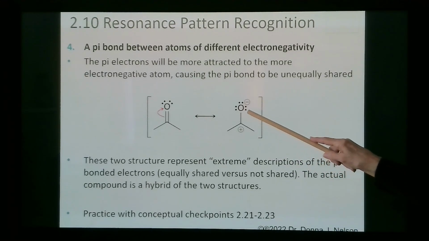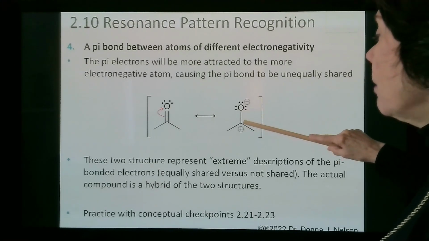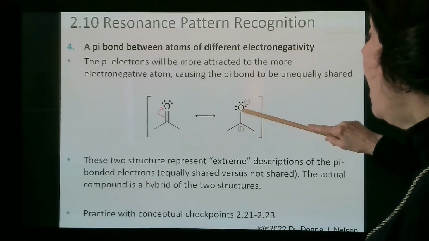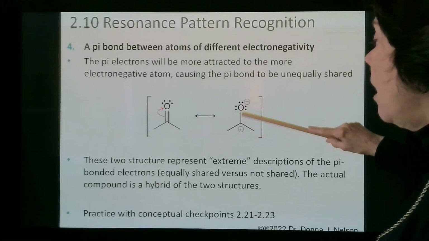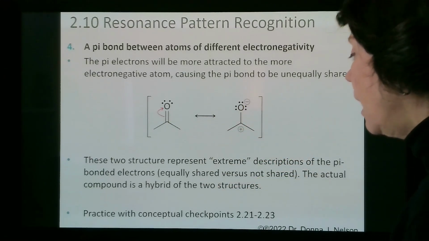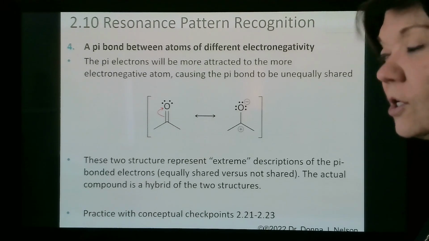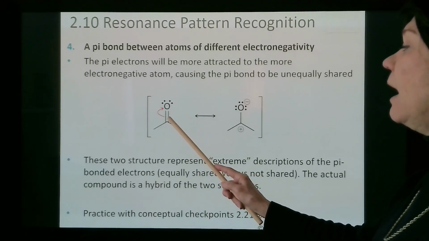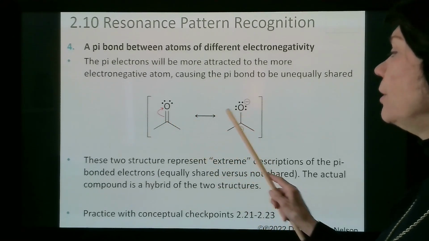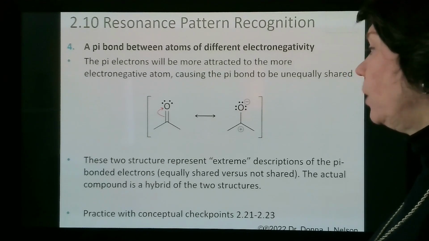This is the extreme description of the carbonyl electron withdrawal onto oxygen. So this is totally covalent. This is totally ionic. The actual compound, as always, is sort of a mixture. It's a hybrid of these two structures. It's somewhere in between.